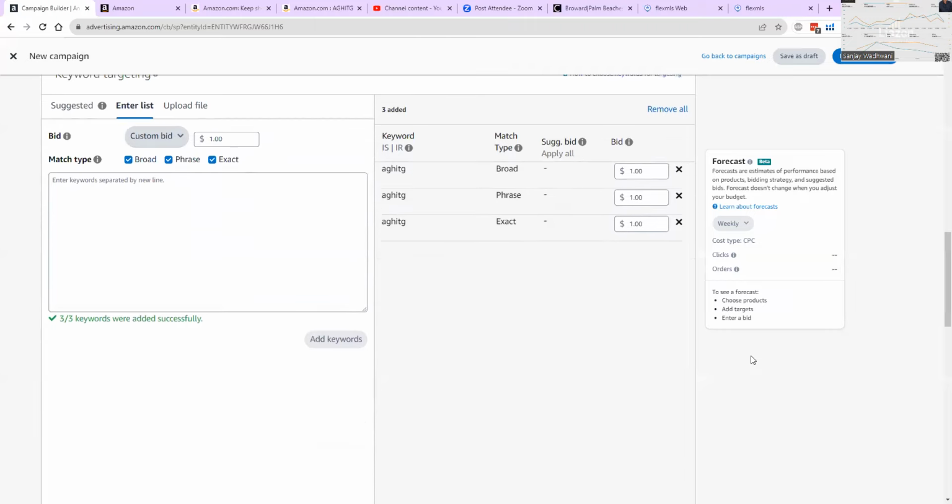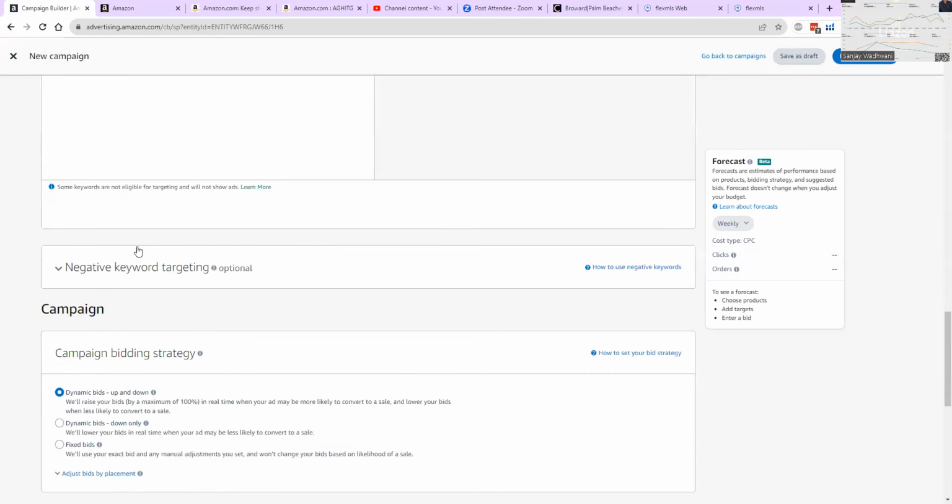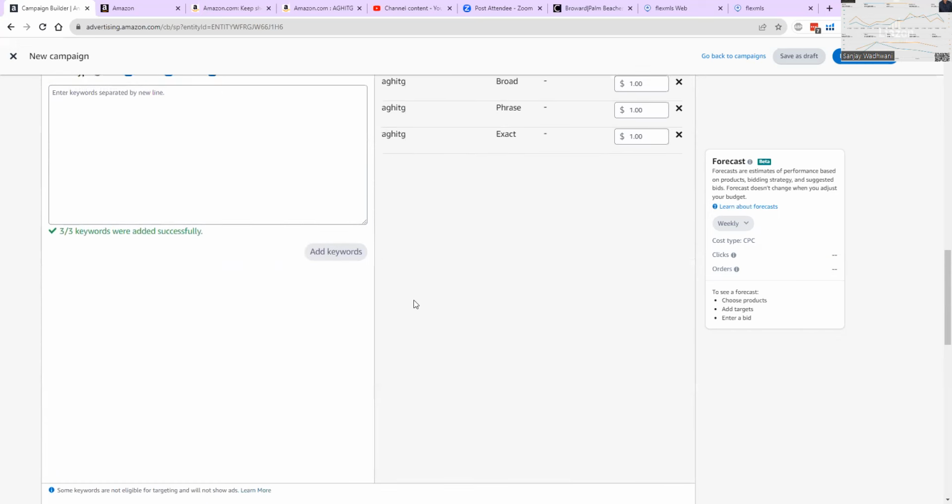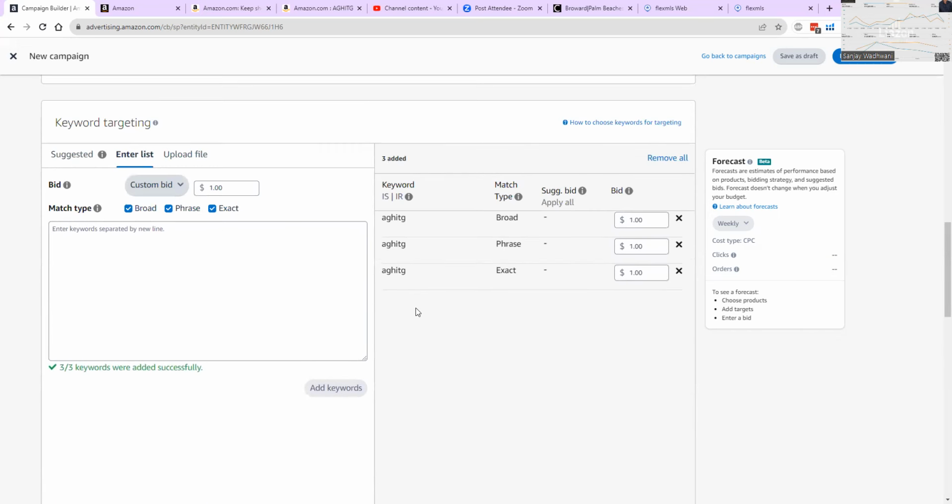Now down here, you can do negative targeting by taking all of those brands who are targeting you, but I don't recommend that, because you want to get indexed for their brand names. So in order to get indexed for their brand names, let them target your product. Now, your product is going to show up for a $1 bid maximum.